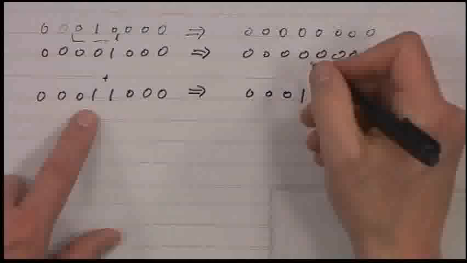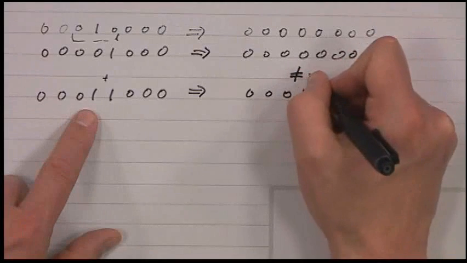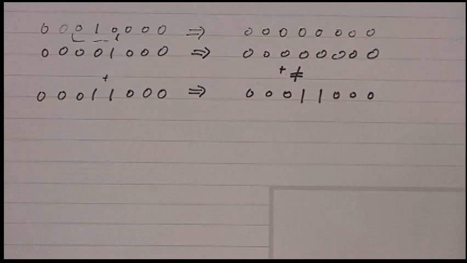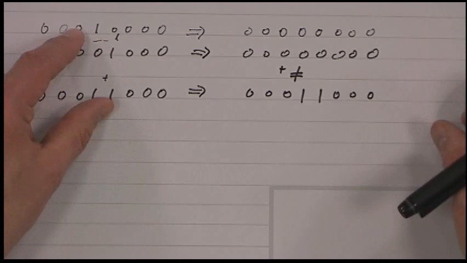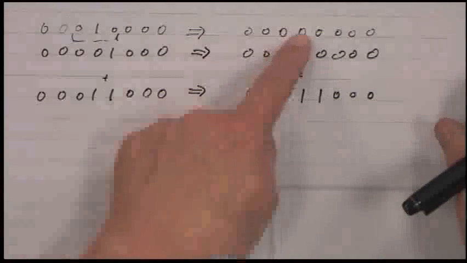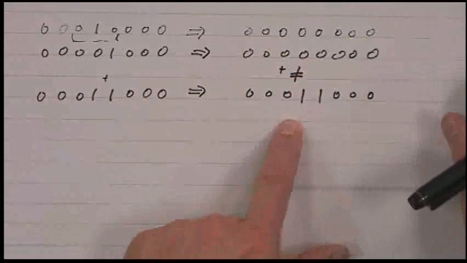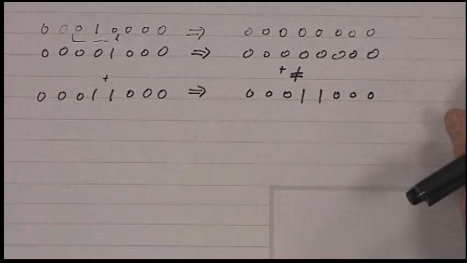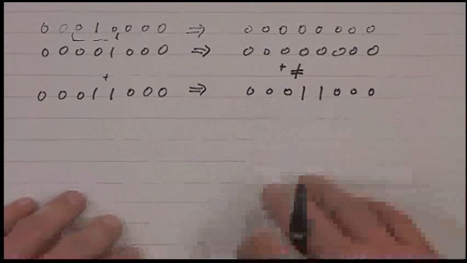So this is not equal to the sum of those two. So this is not a linear system because superposition doesn't hold. If I apply the operator to this and I apply the operator to this and I add them, it's not the same thing as if I add them and apply the operator. So it's not a linear filter.